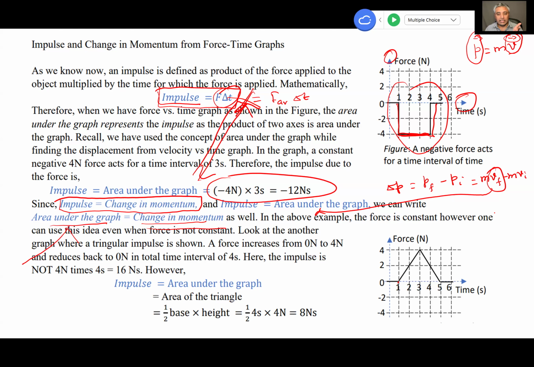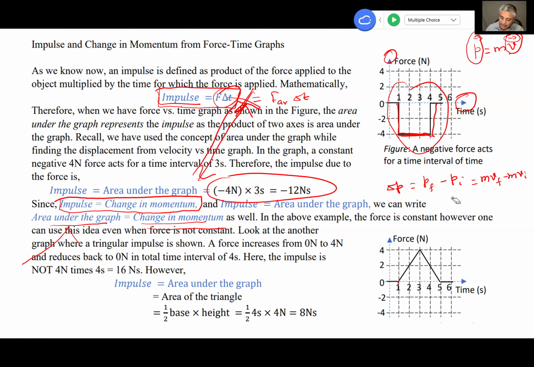So if force, time interval, and velocities are given or asked to calculate, then you can use this idea of impulse being equal to change in momentum, okay?